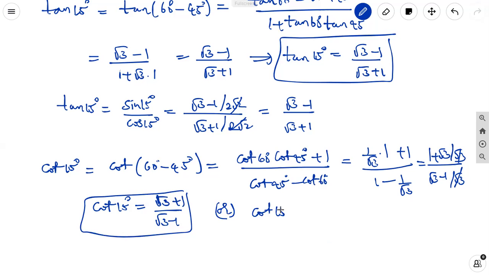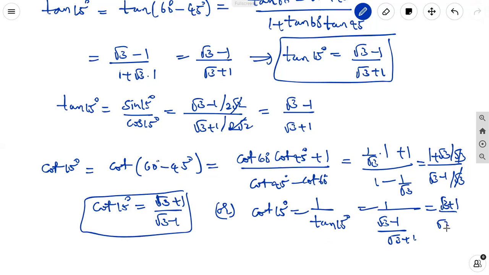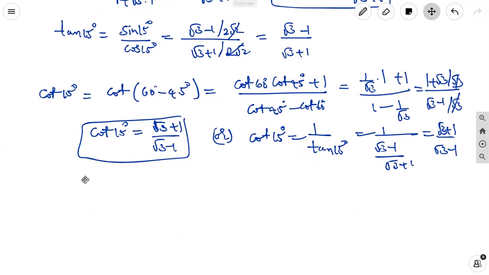Or one more thing, cot 15 degrees is equal to 1 by tan 15 degrees. It is equal to 1 by root 3 minus 1 by root 3 plus 1, so it is also root 3 plus 1 by root 3 minus 1. The same way, using the ratios, cot 15 degrees equals cos 15 degrees by sine 15 degrees.